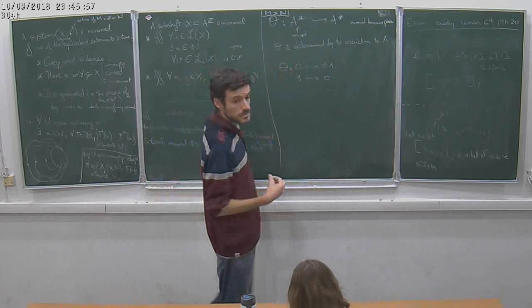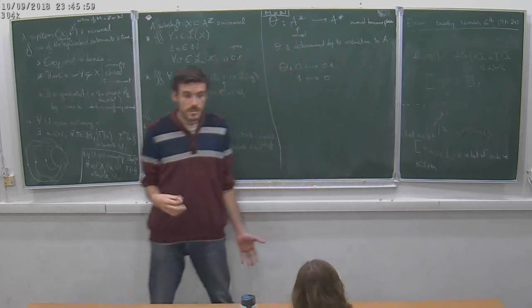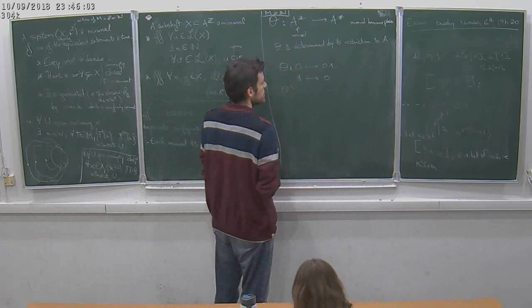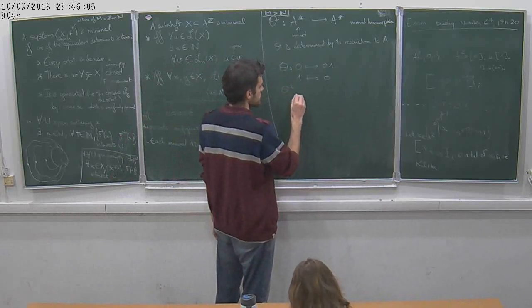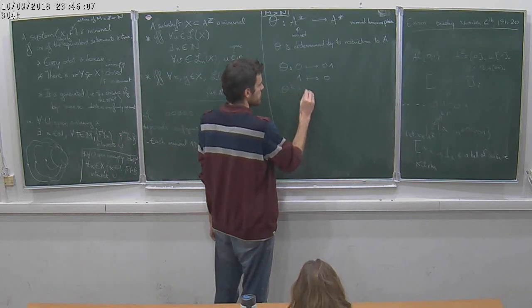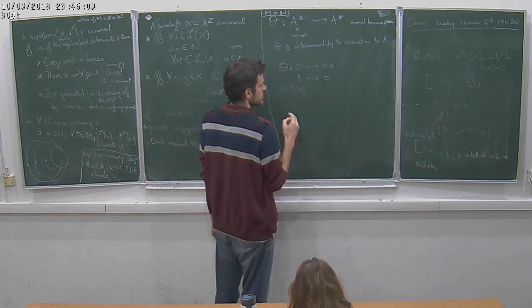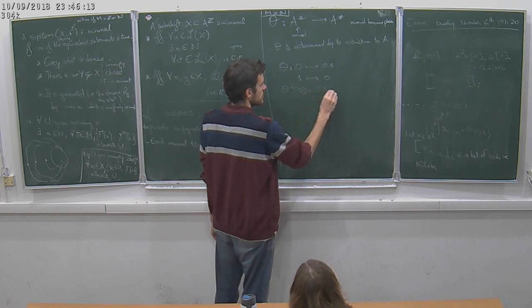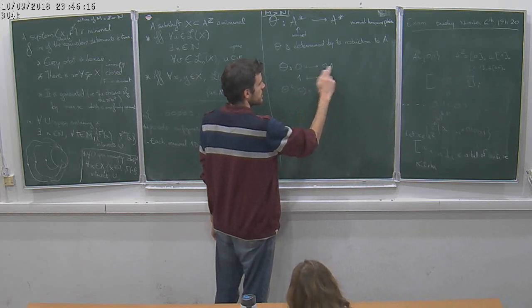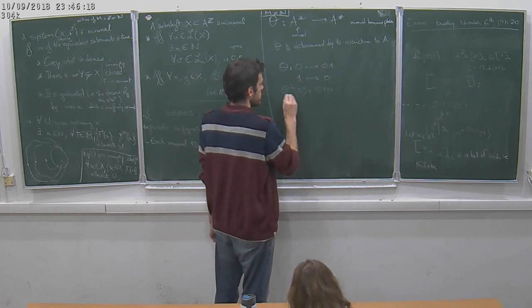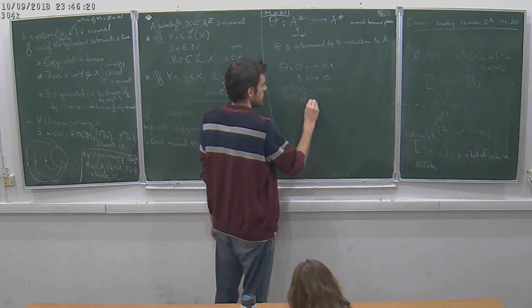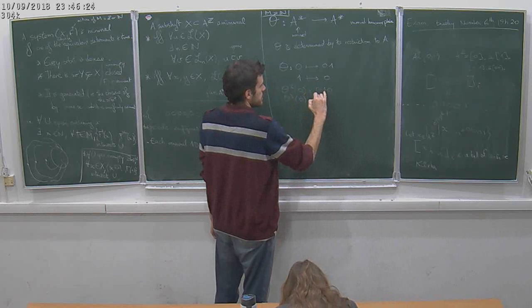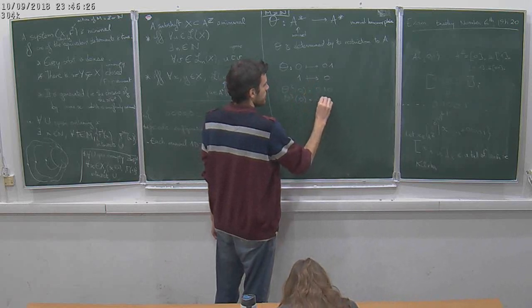And now I want to look at what happens on theta squared. Theta squared of 0 is 0, 1, 0. And theta cubed of 0 is 0, 1, 0, 0, 1.